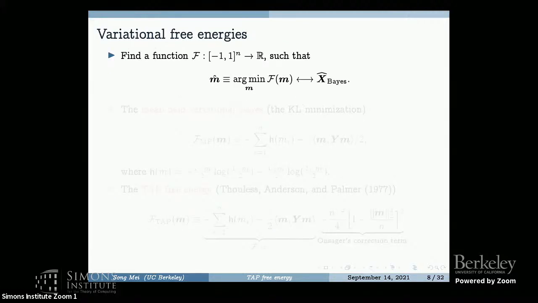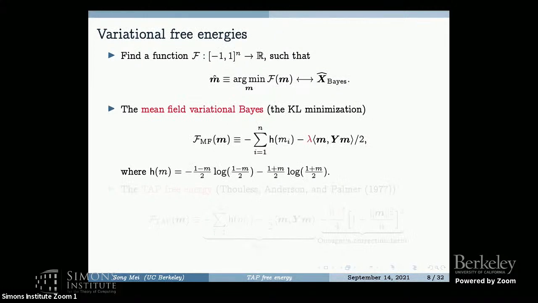The variational free energy point of view is that we want to find a function that maps from the solid cube to a real number such that the minimizer of this function, which we call m hat, corresponds to the Bayes estimator. So m hat m hat transpose should be the Bayes estimator. This is the function we hope to find.